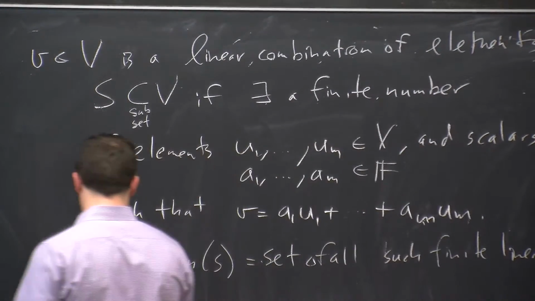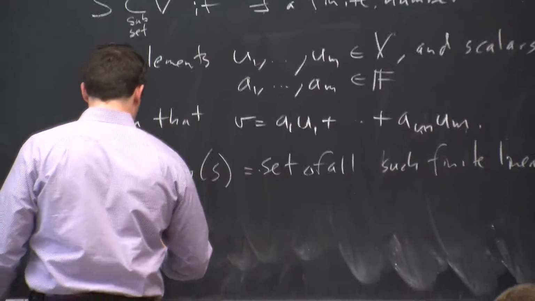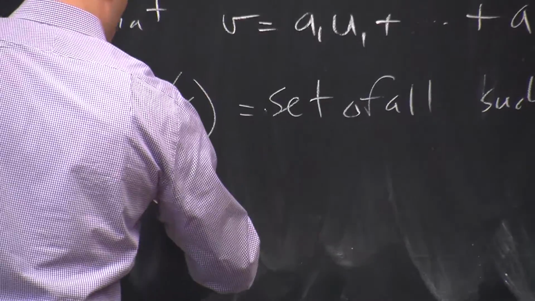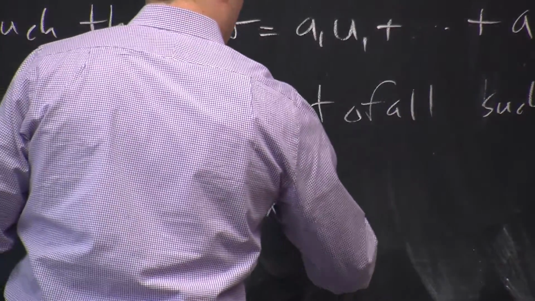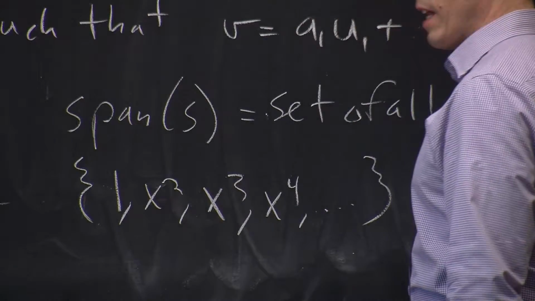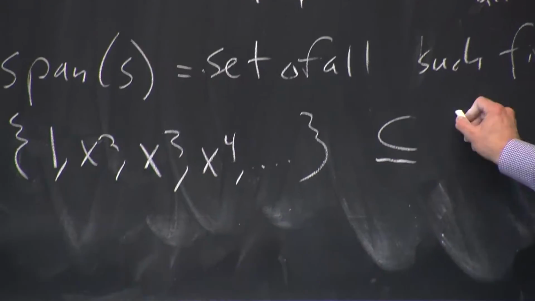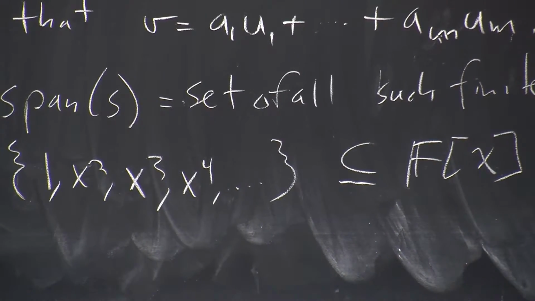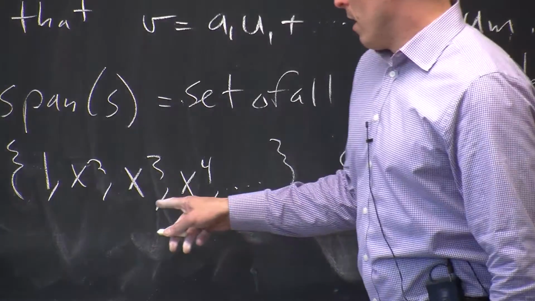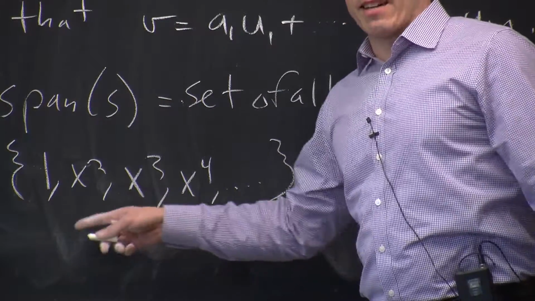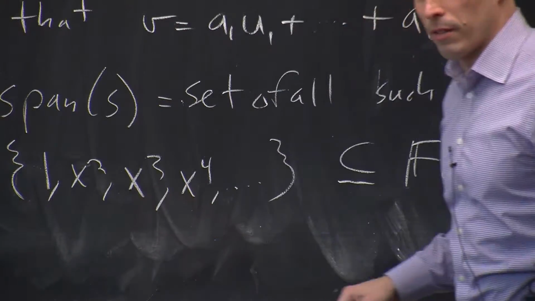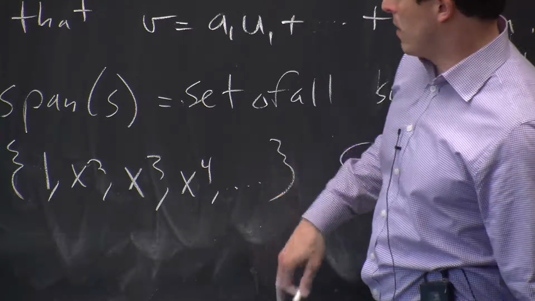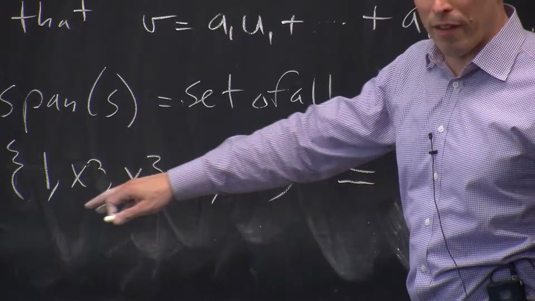So for example, if I consider the set 1, x squared, x cubed, x to the fourth, and so on, and I'm thinking of that as an infinite subset of the space of univariate polynomials in one variable, the polynomials are exactly finite linear combinations of these elements, right? If I take any finite linear combination, finitely many of these, and I multiply each by a scalar and add them together, I get a polynomial.